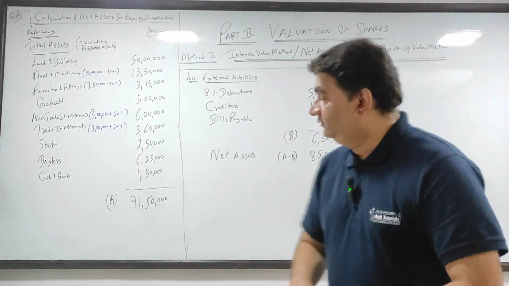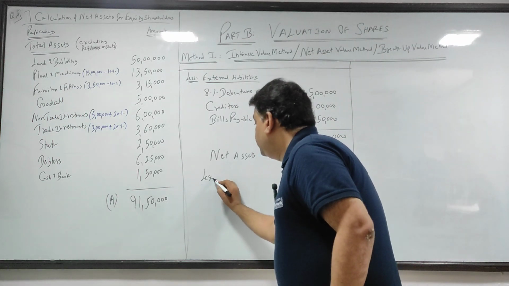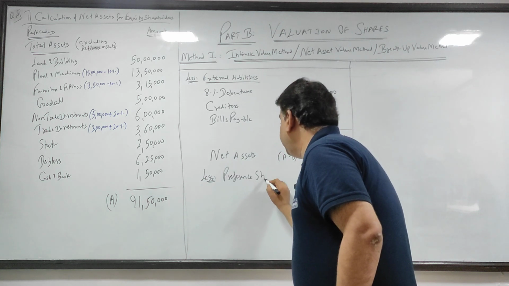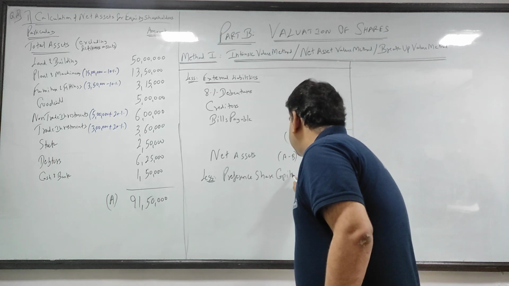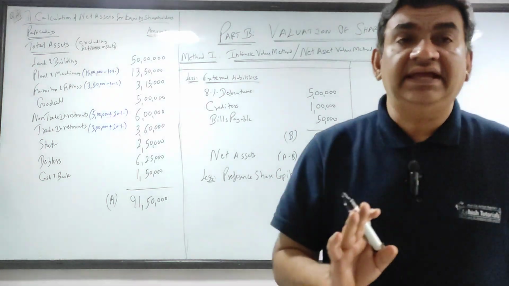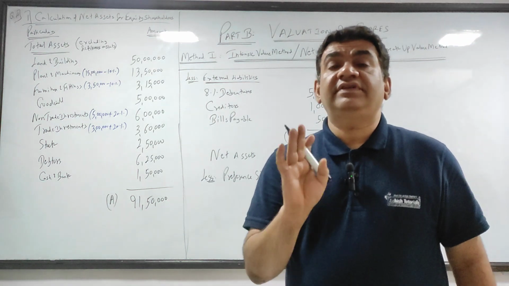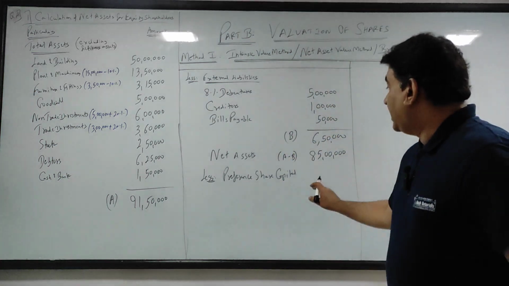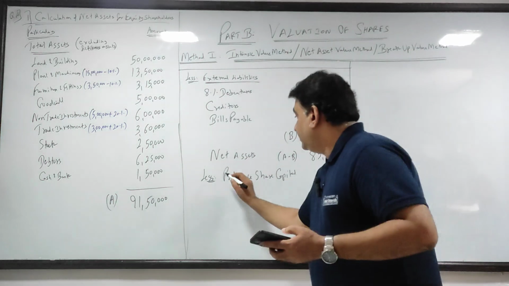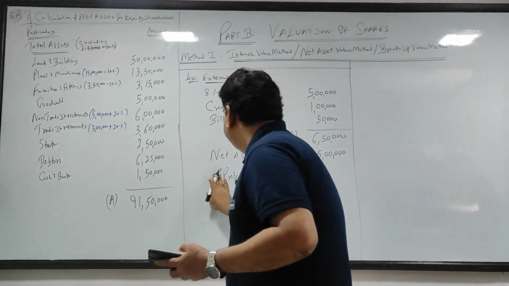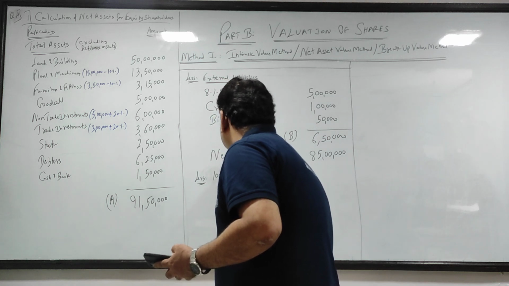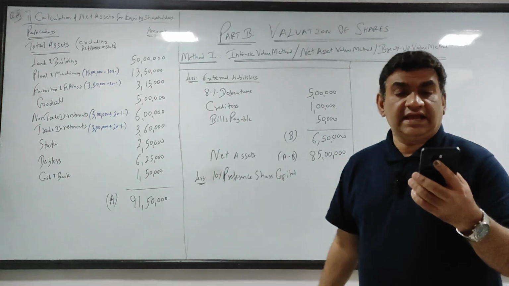So what you will do is from this you will deduct the preference share capital which is there in the balance sheet. Maintain this step. Even if the question does not have preference share capital, you write it and put it nil. But here it is given. How much is my preference share capital? 10 lakh. Less: 10% preference share capital.